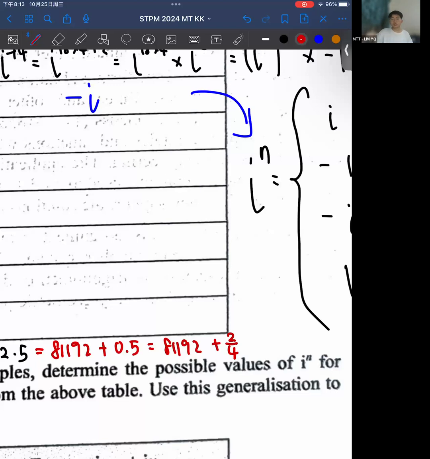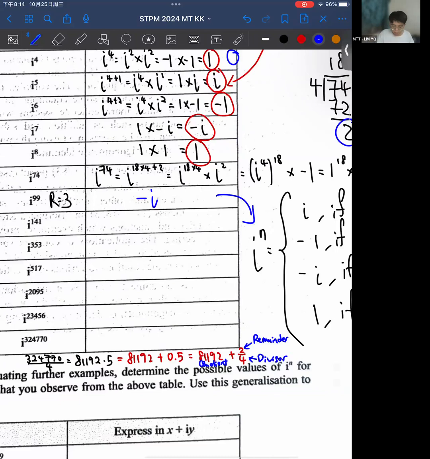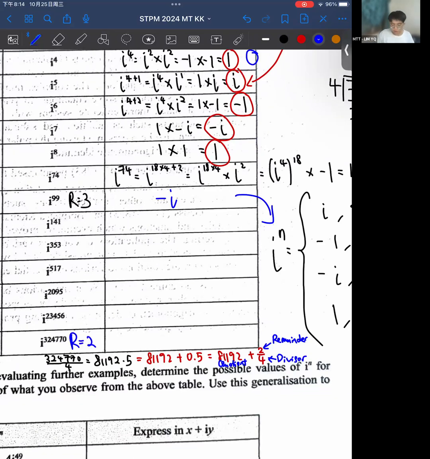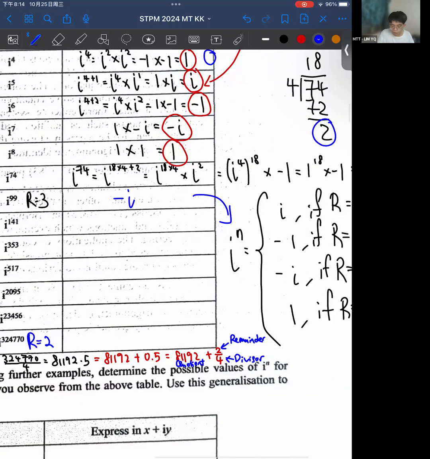Do you still remember long division or the normal division? This is the quotient. This is the remainder. This is the divisor. So when you divide by 4, this is the result, which means your remainder is 2. R equal to 2 for this case. So the answer will be -1.